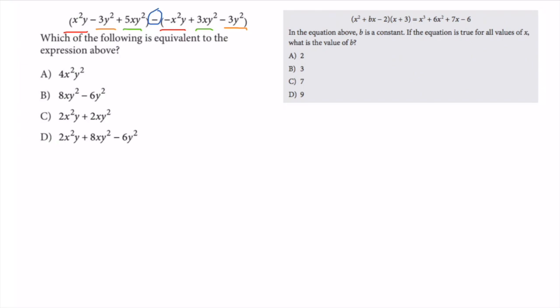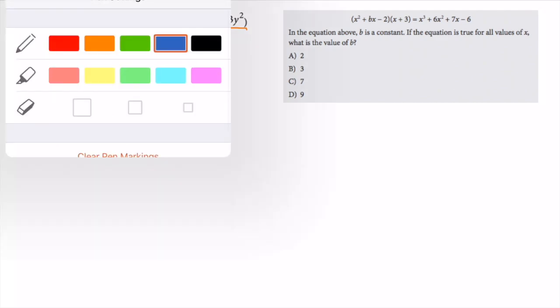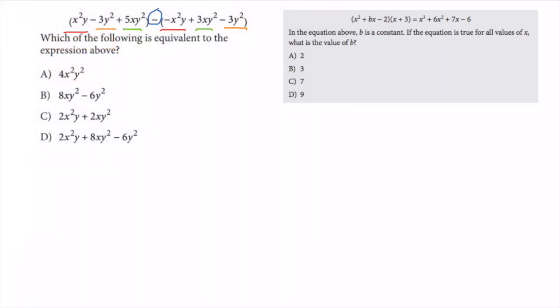If it was a positive 2 here, you would distribute that positive 2 into the second polynomial. So first one I have xy squared, minus a negative xy squared, so that becomes a positive x squared y.